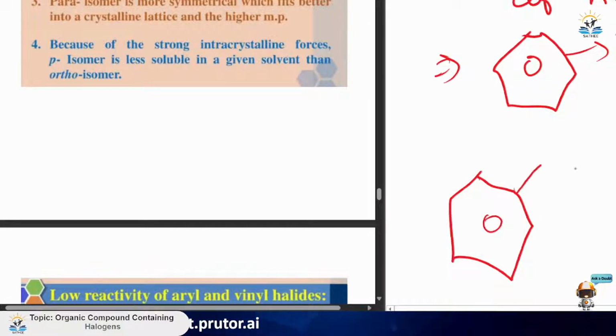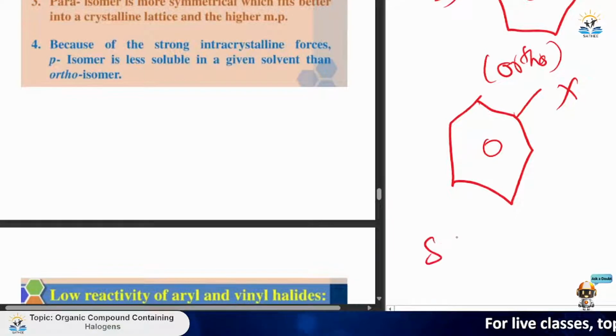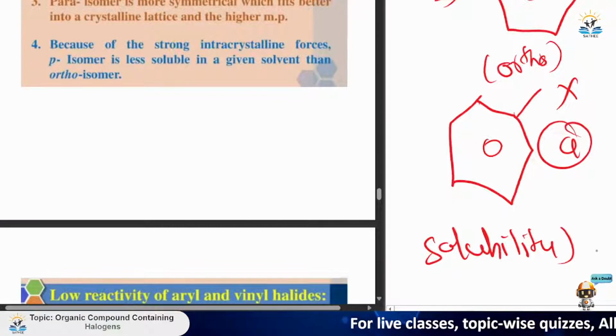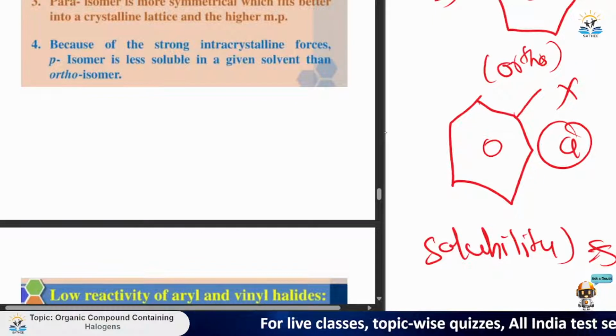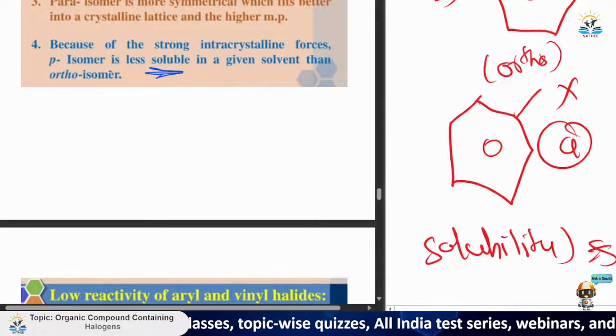This one is ortho, and this one is para. If we talk about solubility, we mark the ortho as A and the para as B. Because of the strong crystalline forces, the para isomer is less soluble. So the ortho solubility will be greater as compared to B.